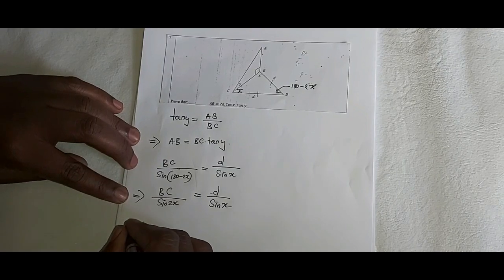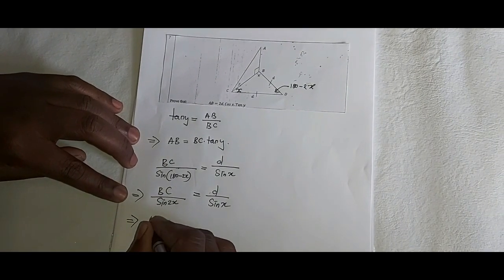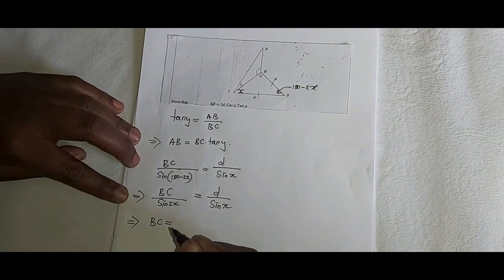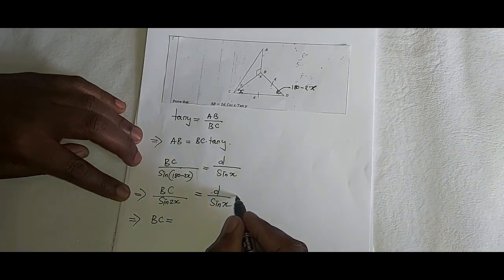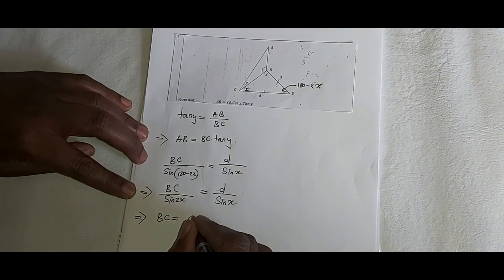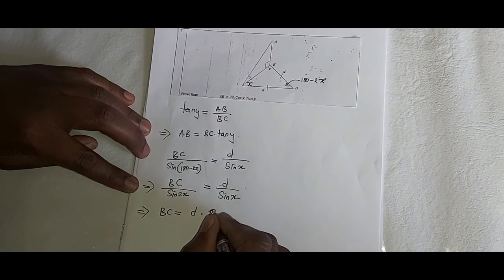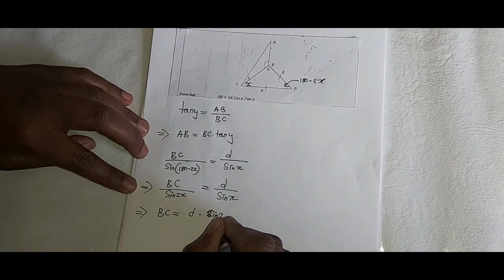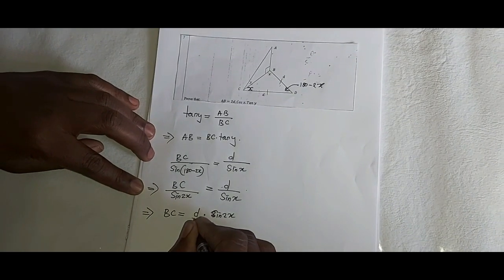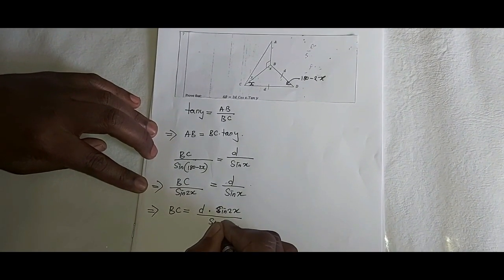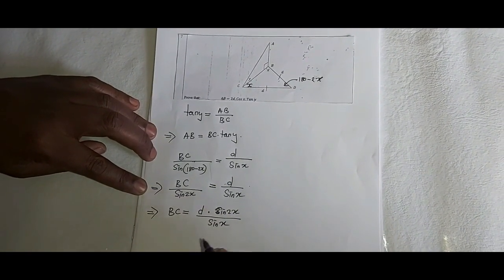Going forward, BC is equal to, as I multiply this across, D multiplied by sine of 2x over sine of x.